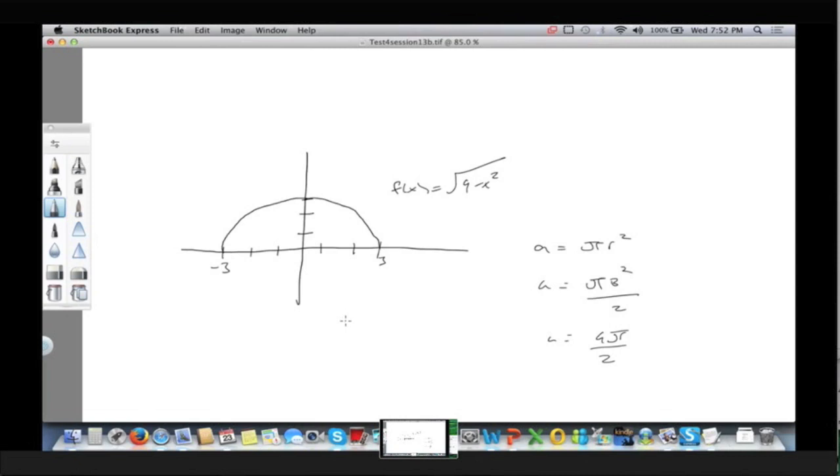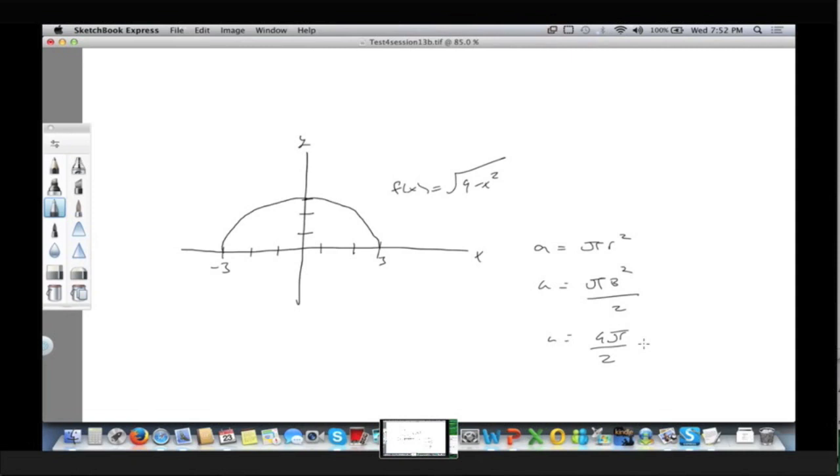Okay. So what's the answer? The area is 9 pi divided by, 9 over 2 times pi. Good. Or the first way you were saying it would be correct too. 9 pi over 2 or 9 halves pi. Either of those would be okay.